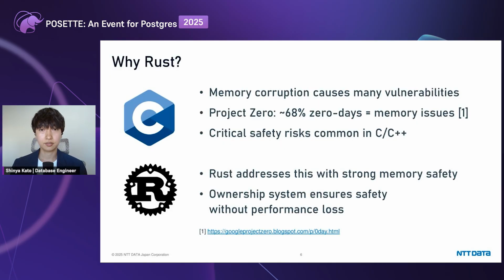On the other hand, Rust's strong memory safety features make these issues much less likely to occur. Furthermore, Rust's ownership system guarantees memory safety without sacrificing performance. This is why a partial migration from C and C++ to Rust is underway.